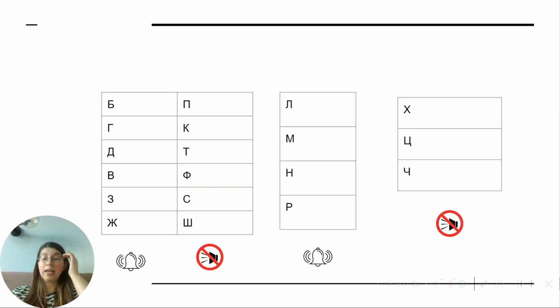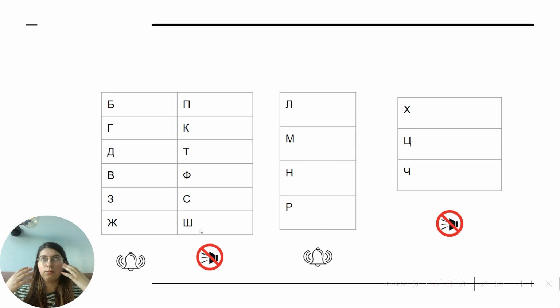It happens because we have voiced and unvoiced, voiceless consonants in Russian. Here on the left you see the pairings. So b and p, g and k, d and t, v and f, z and s, zh and sh.